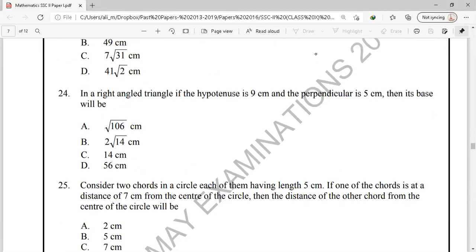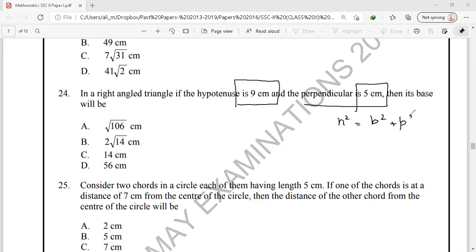Let's see question number 24. In this question, a right angle triangle has a hypotenuse of 9 and a perpendicular of 5 centimeters. Again, we have to find the base of the triangle. So again, we can apply the same theorem, h square equals p square plus base square. The hypotenuse is 9, the base we have to calculate, and the perpendicular is 5.